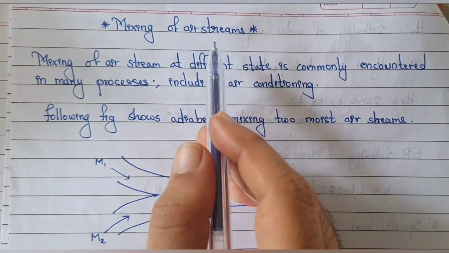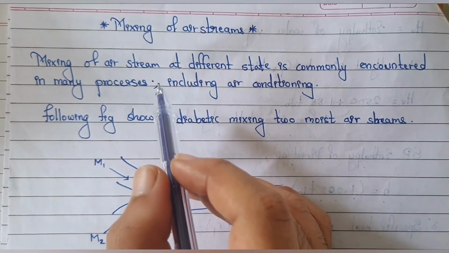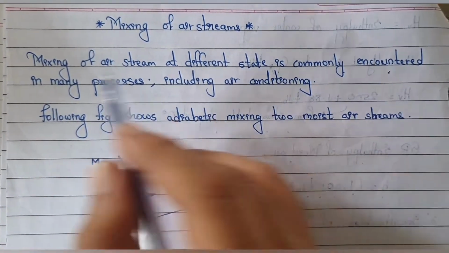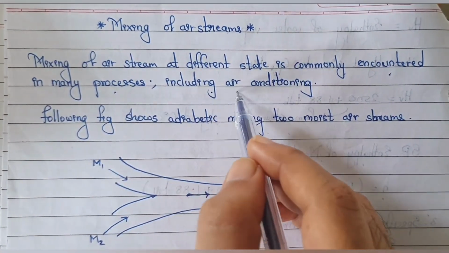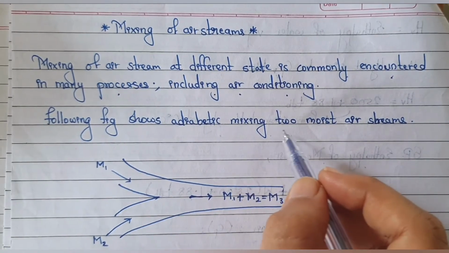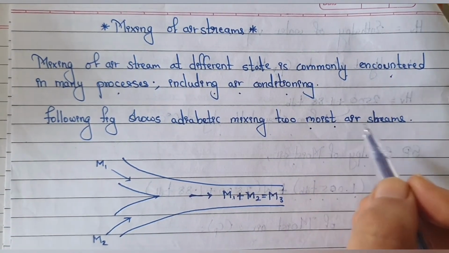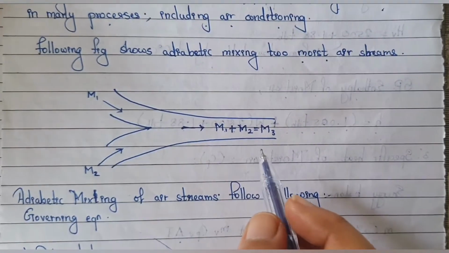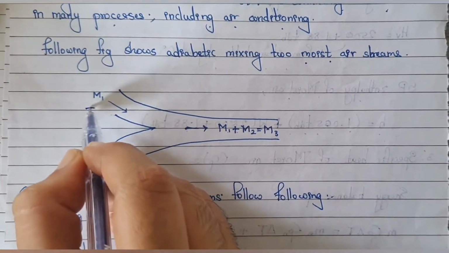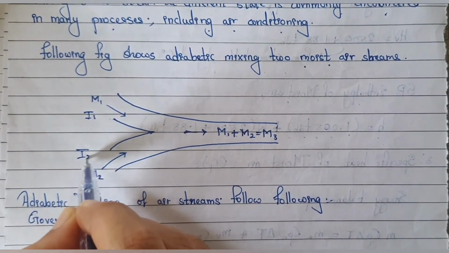Now mixing of air streams. Mixing of air streams at different states is commonly encountered in many processes including air conditioning. The following figure shows the adiabatic mixing of two moist air streams. See, this is inlet number 1 and this is inlet number 2.